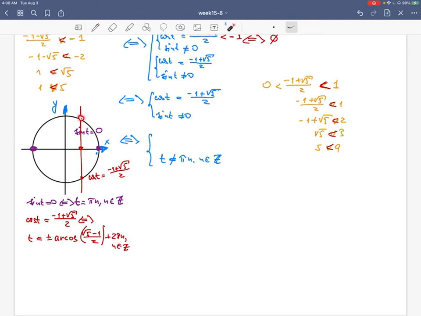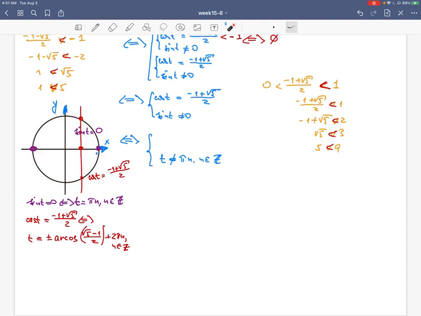So these are 2 points on the unit circle, this one and this one. This one is arc cosine, this one is negative arc cosine, and from either of these 2 points, we can make any number of full revolutions. Of course, these 2 points are different from these 2.